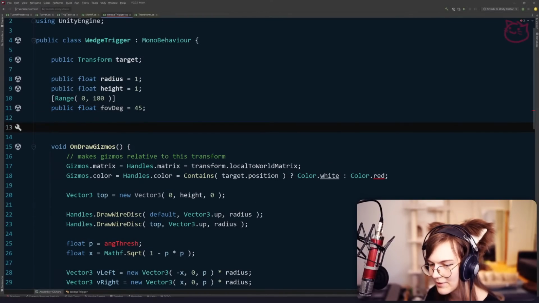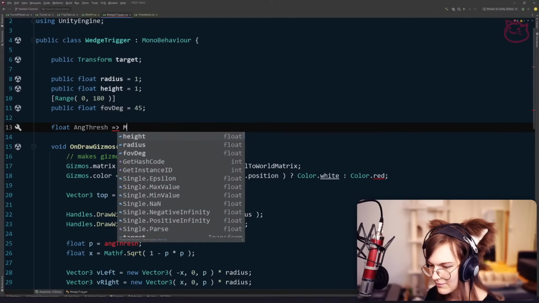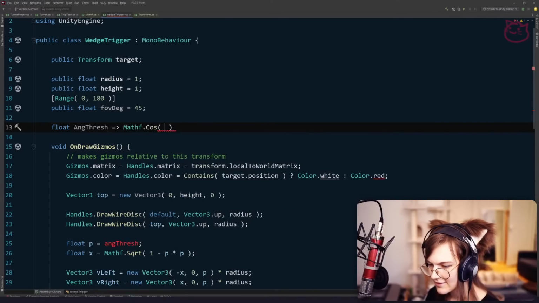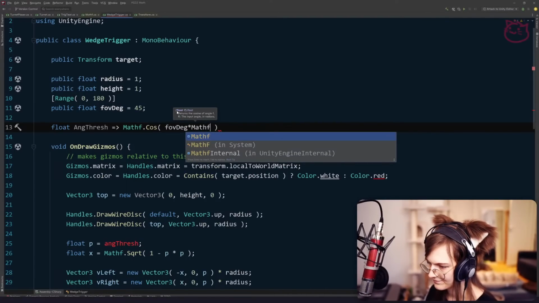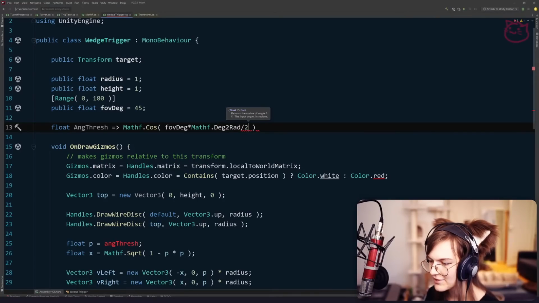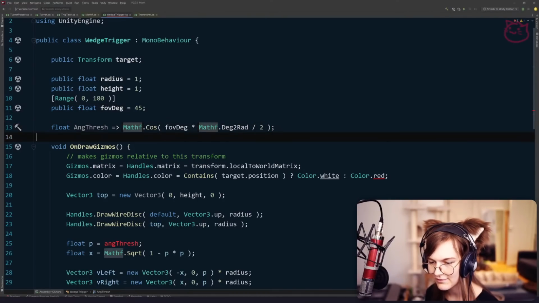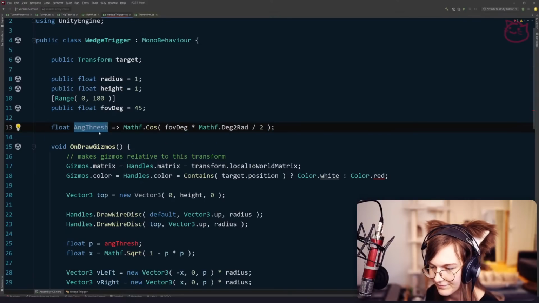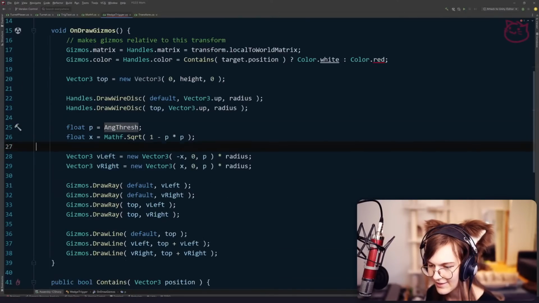So we can make a property for that, angular threshold. I believe that is the cosine of our field of view, and then we convert that to radians. And then we divide it by 2 because we want half of the angle, not the full angle. So I think this is correct.